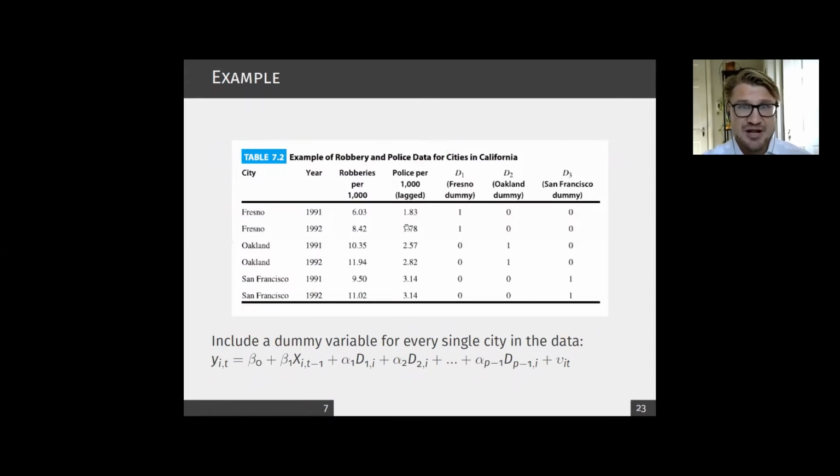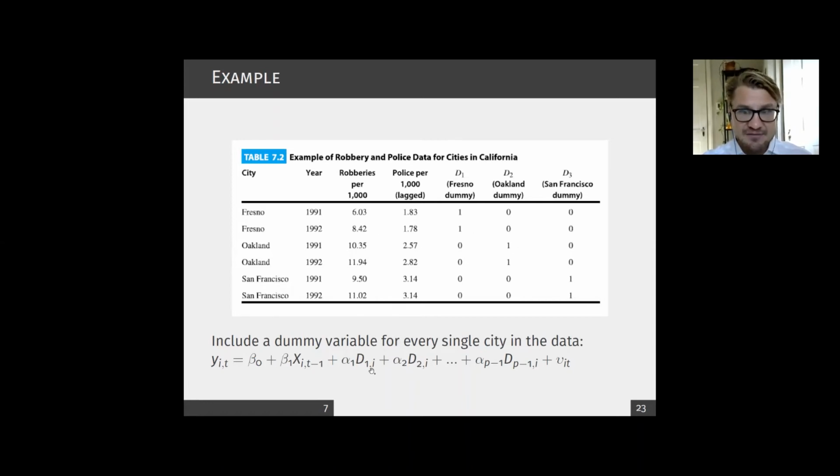So let's look at this in practice. This is a kind of stylized example. These 3 different cities, think of these as actual city names. And let's just say you have 2 different time periods for every single city. Then dummy variable D1 is equal to 1 if it's Fresno, D2 is equal to 1 if it's Oakland, and D3 is equal to 1 if it is San Francisco.